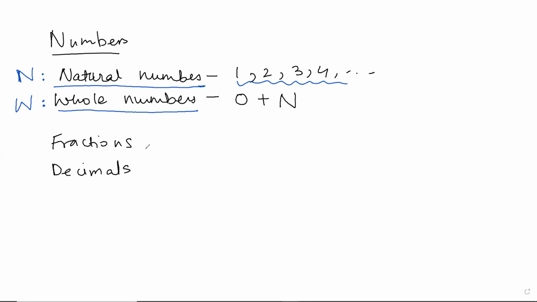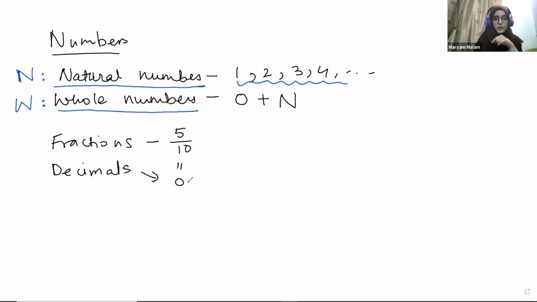Ma'am, we can convert fractions into decimals and decimals into fractions. Right, exactly. Can anyone give an example? Ma'am, like 5 upon 10 is an example of a fraction and 0.5 is an example of a decimal. Exactly. So this is the same thing as 0.5.